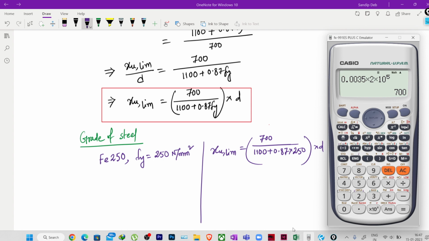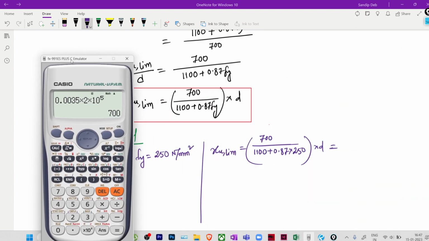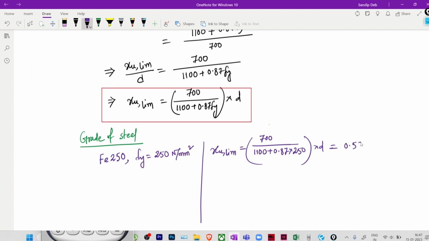Let us solve it: 700 divided by 1100 plus 0.87 into 250. So how much are we getting? We are getting a value of 0.53 d. This is for Fe250.